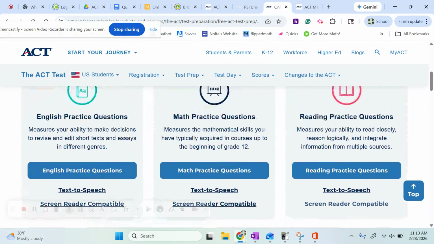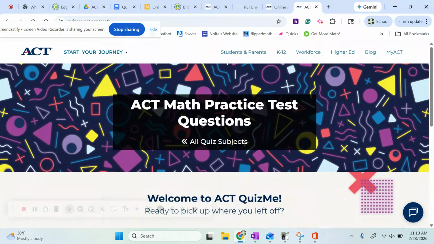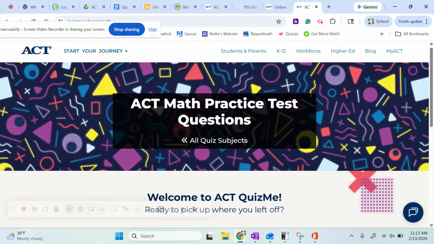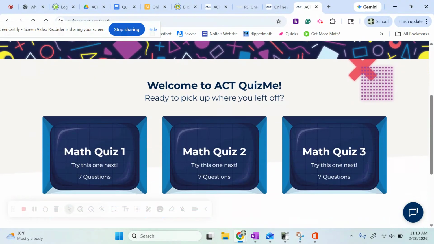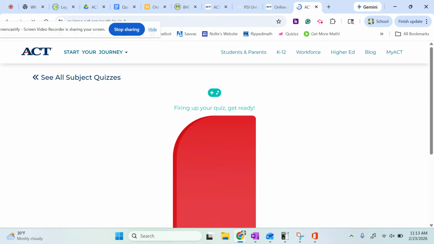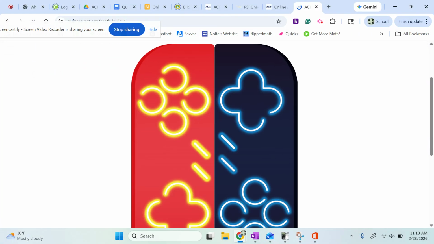Okay, so if you're somebody who wants to get a high score, if you're looking for scholarships and stuff like that, this is a great resource for you to use. Okay, so today we're focusing specifically on the math. Hopefully you can take this little 7-question Math 1 quiz and see how you do. Okay, this gives you a little insight of what your ACT potentially will look like.